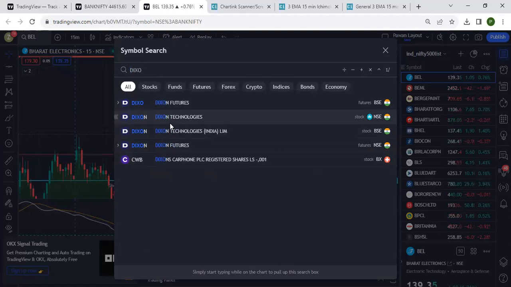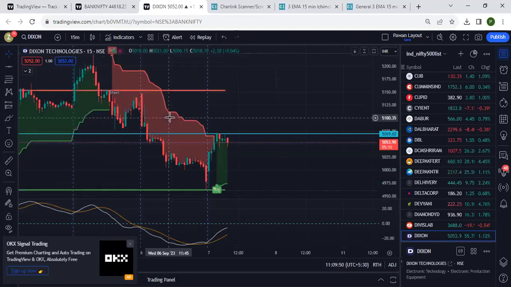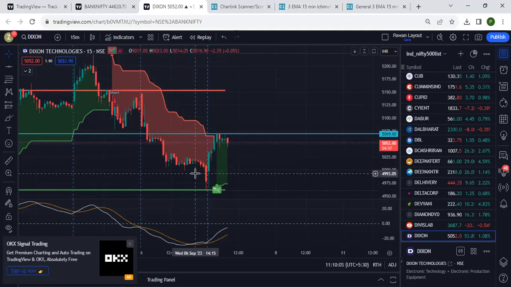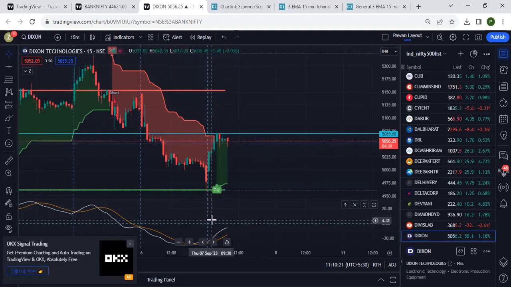MACD has crossed above the signal line yesterday at around 14:15, but the stock was below the SuperTrend.